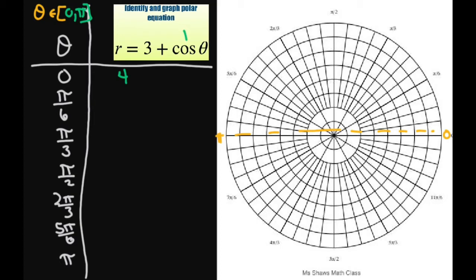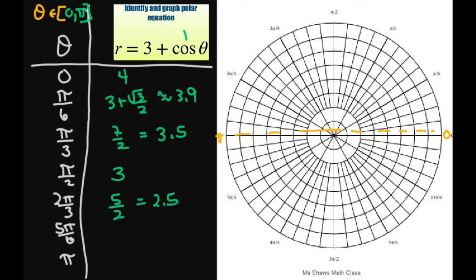At pi divided by 6, we're going to have 3 plus square root of 3 divided by 2, that's approximately 3.9. At pi divided by 3, it's 7 halves, which equals 3 and 1/2. And at pi divided by 2, we're going to just have 3. At 2 pi divided by 3, we're going to have 5 halves, that's going to be 2.5. At 5 pi divided by 6, we're going to have 3 minus square root of 3 divided by 2, which is approximately 2.1. And at pi, we'll have 2.